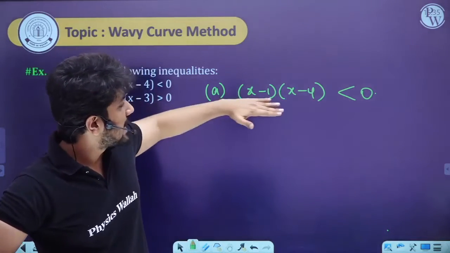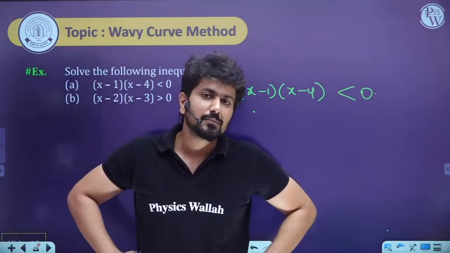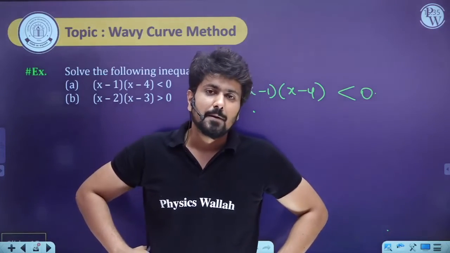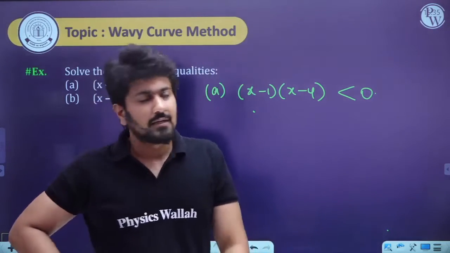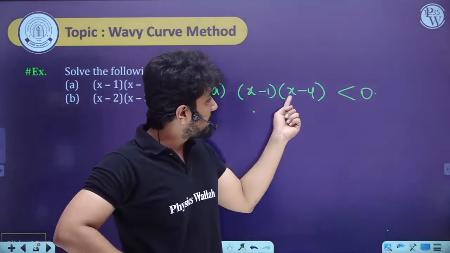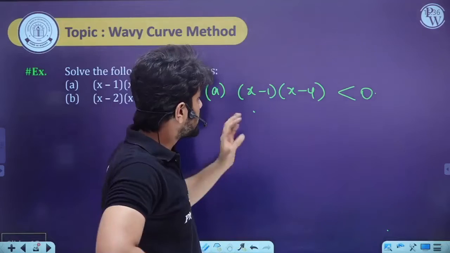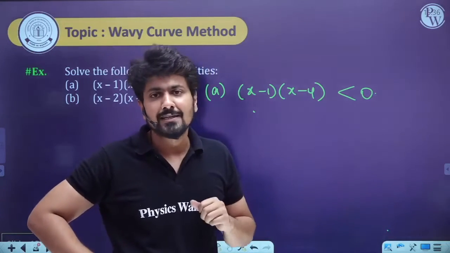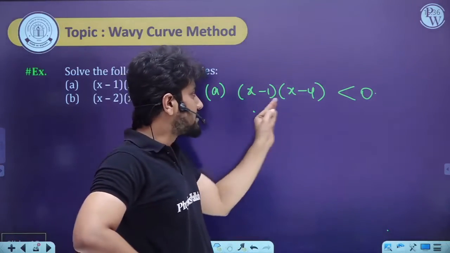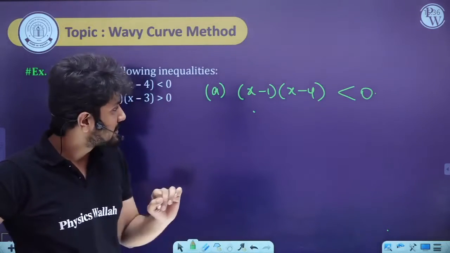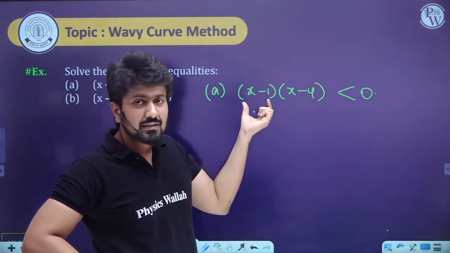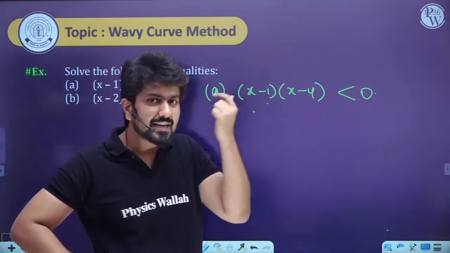Similarly, you can observe that at x equal to 1, this will become 0, right? What about x equal to 5? At x equal to 5, 5 minus 4 is 1, 5 minus 1 is 4, right? So at x equal to 5, the product is positive. What about x equal to 2? At x equal to 2, we have 2 minus 1. This factor is positive, but this factor is negative at x equal to 2.